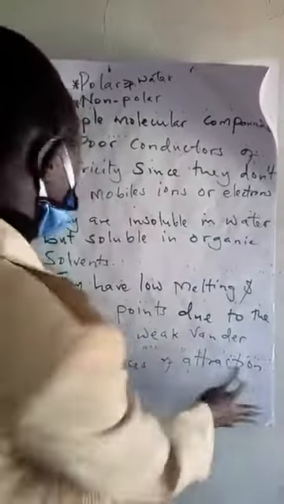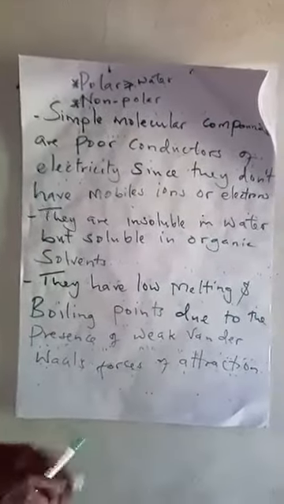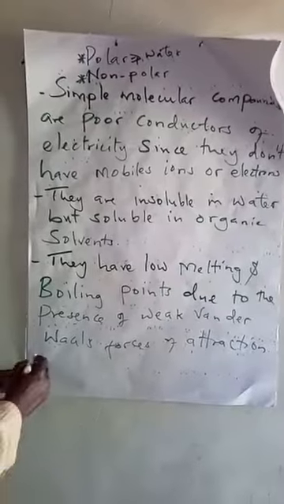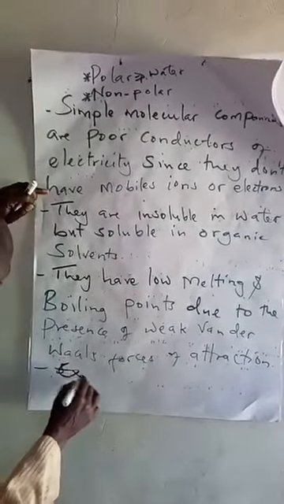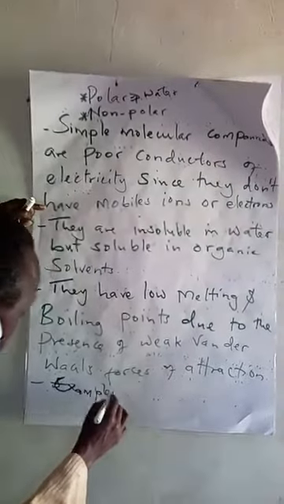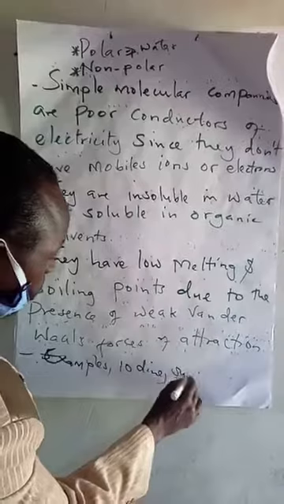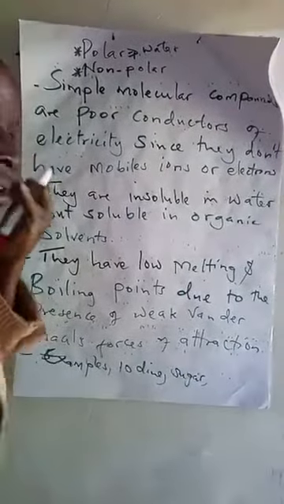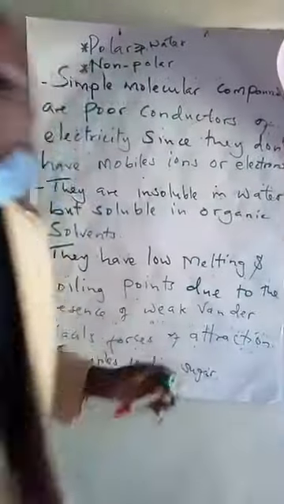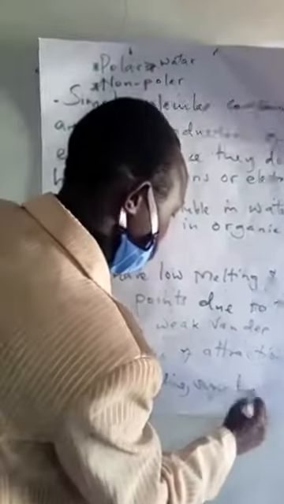So that is simple molecular compounds. You can give examples of simple molecular compounds that we know. We have said sugar. Examples: we have iodine, sugar, and others like hydrogen, oxygen, chlorine, fluorine, bromine, etc. There are so many.